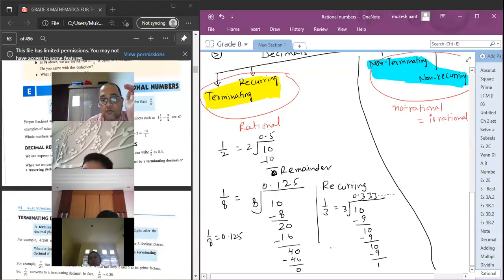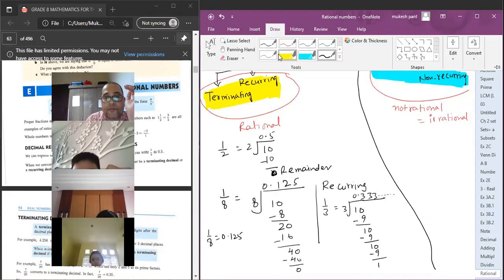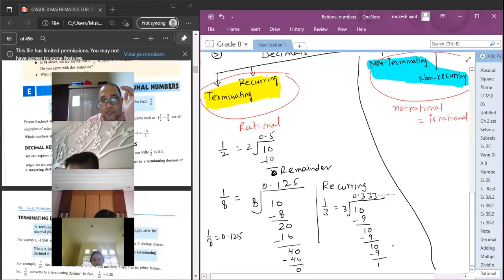So you can write the answer: 1/3 means it is 0.3 recurring. In some books a dot is written over the number, and in some books a bar is written.